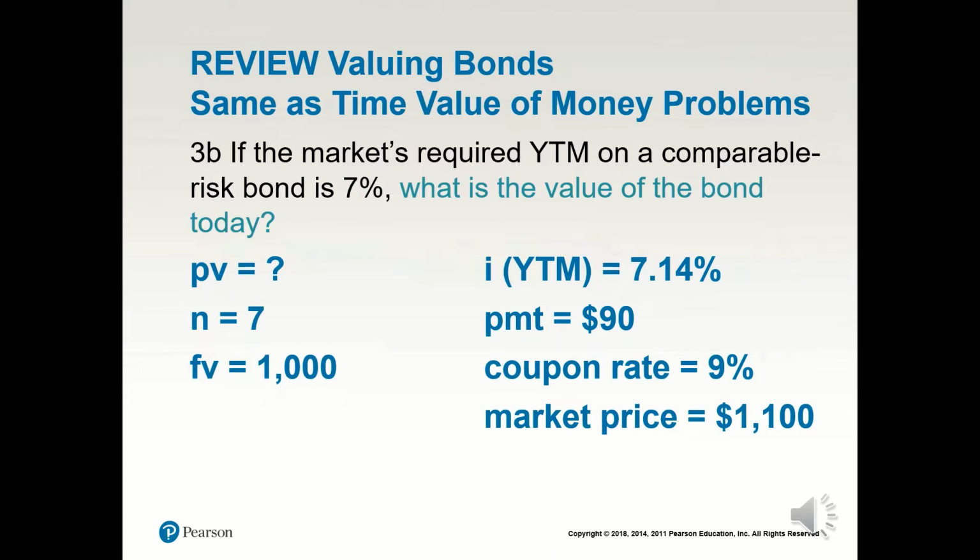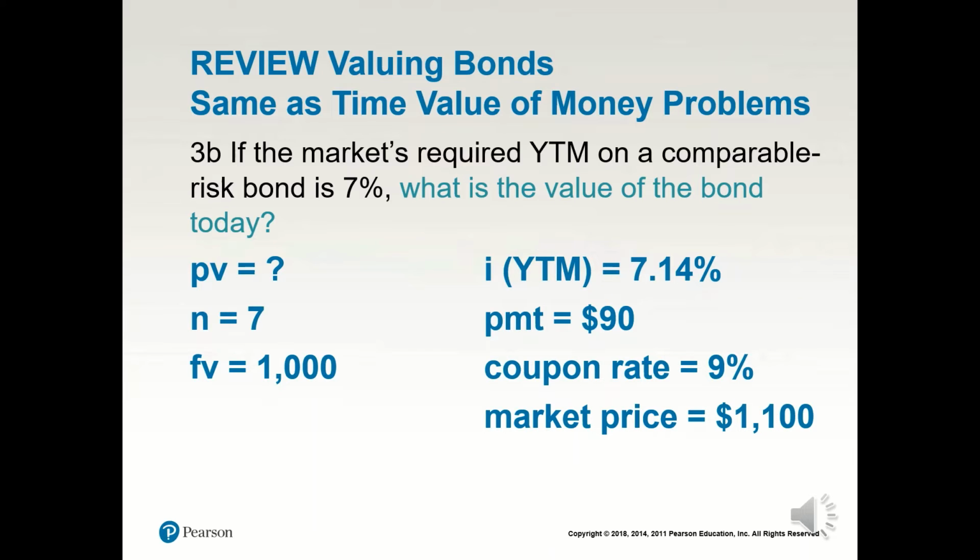Also, the coupon rate and annual or semi-annual coupon payment never changes. In this problem, the market price is staying the same as $1,100. That's the number we're going to have to evaluate because that is the going price of this bond.